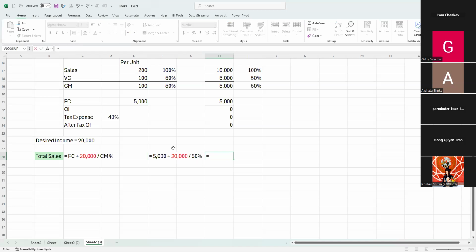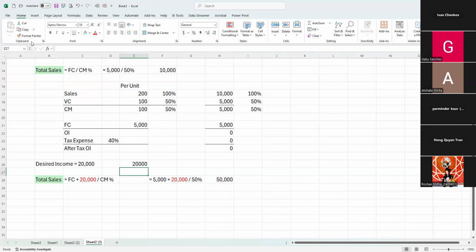I'm gonna put it here, that in brackets, divided by contribution margin ratio. So my desired income is 20,000, and I got what I wanted, correct?